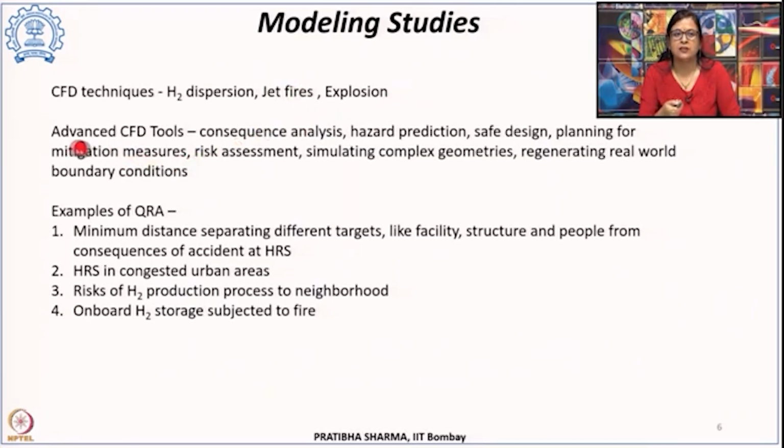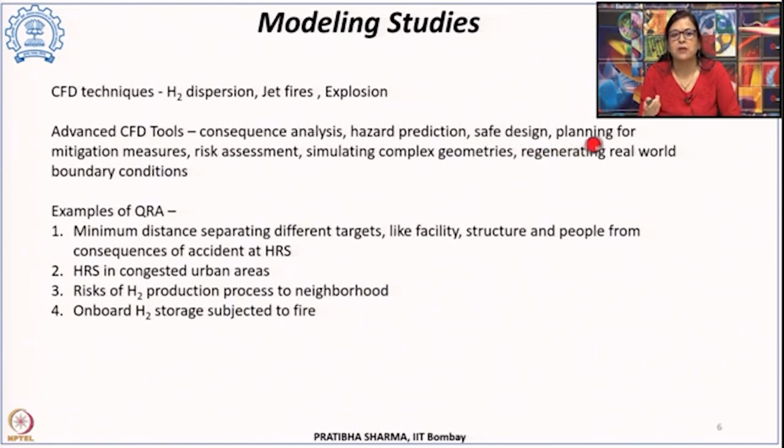And there have been several advanced CFD tools to look at the consequence analysis, to see what would be the possible hazard prediction, what could be the safe designing of the infrastructure or the equipment or the product.